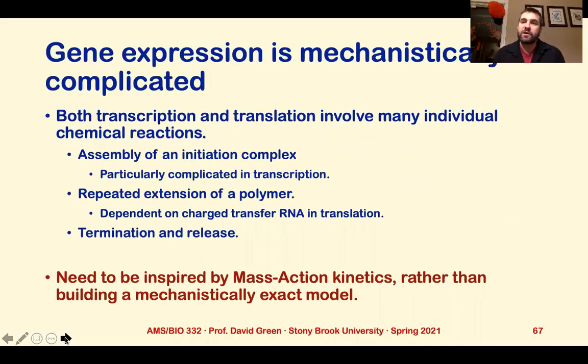All right, so gene expression is much more mechanistically complicated than any sort of standard enzymatic mechanism. Part of the reason for this is that both transcription and translation, the two steps in expressing a gene into its final protein form, both of those steps actually involve many, many individual chemical reactions.